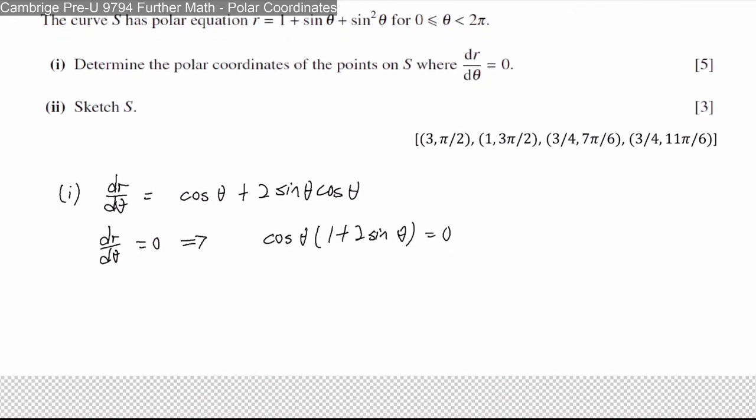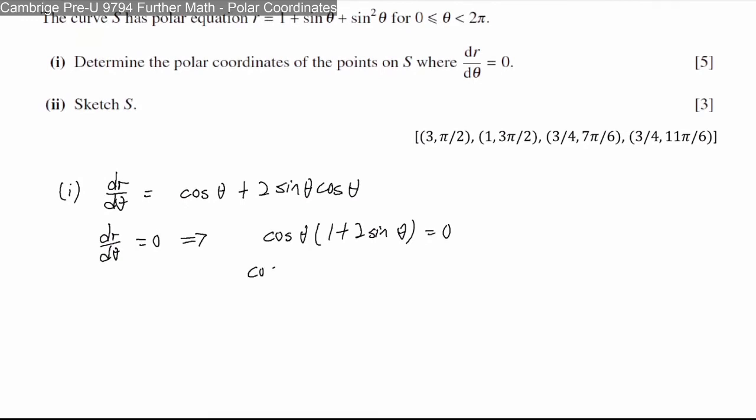For this one, we have cos theta equals 0, which gives us theta equals pi over 2 and 3 pi over 2. At the same time, we have sine theta equals negative half. For the values of sine theta equals negative half, theta should give us 7 pi over 6 and 11 pi over 6.